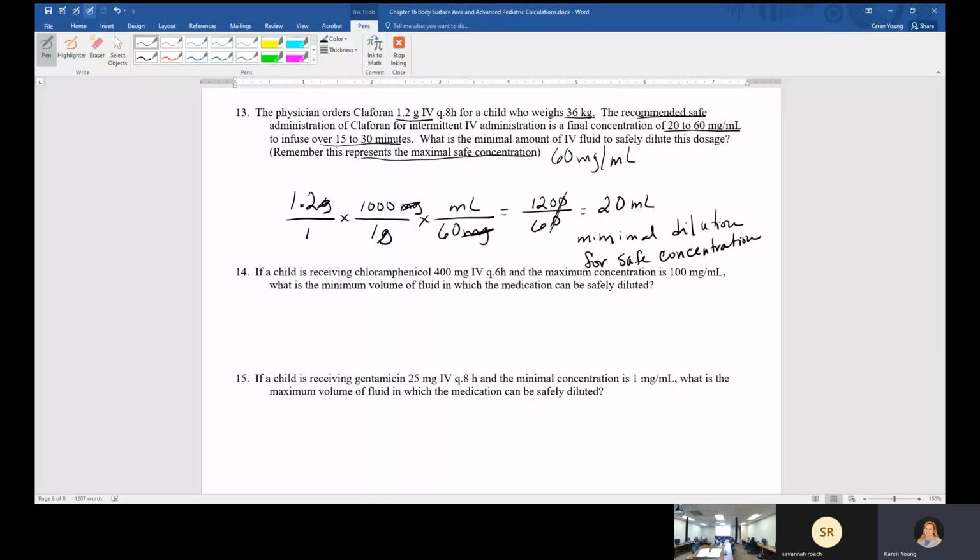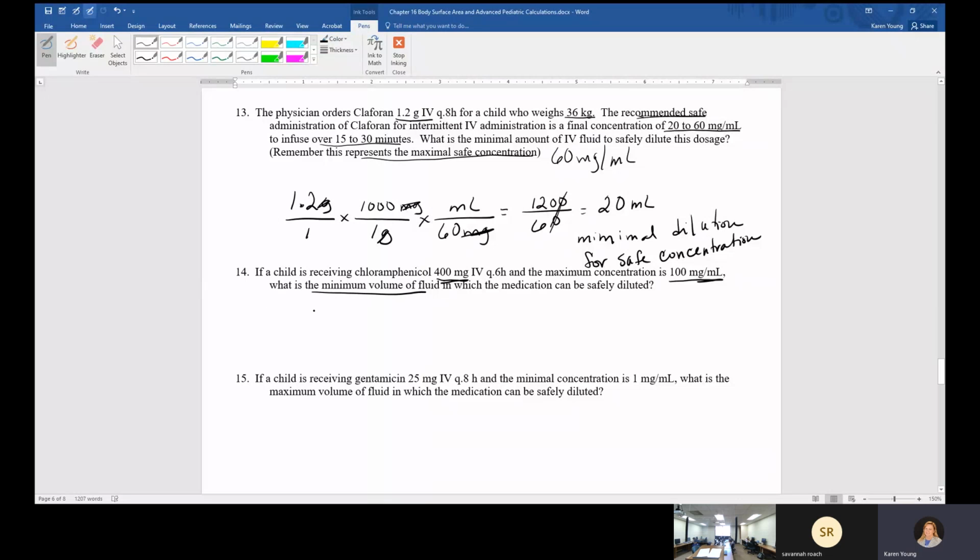Okay, y'all are probably ahead of me, but let's look at number 14. I have 400 milligrams for my order and a maximum concentration of 100 milligrams per milliliter. And then they're asking for the minimum volume. So when you use the maximum concentration, you're going to find the minimum volume.